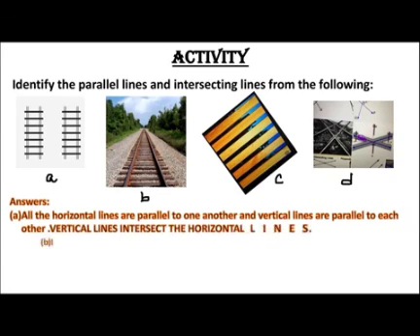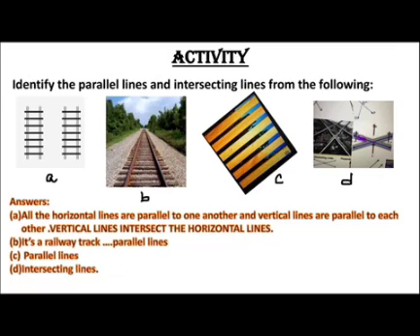Answers are: all the horizontal lines are parallel to one another and vertical lines are parallel to each other. So vertical lines intersect the horizontal lines. The next one is a railway track. Again, example for parallel lines. Third one is an example for parallel lines. And the fourth example is intersecting lines, children.